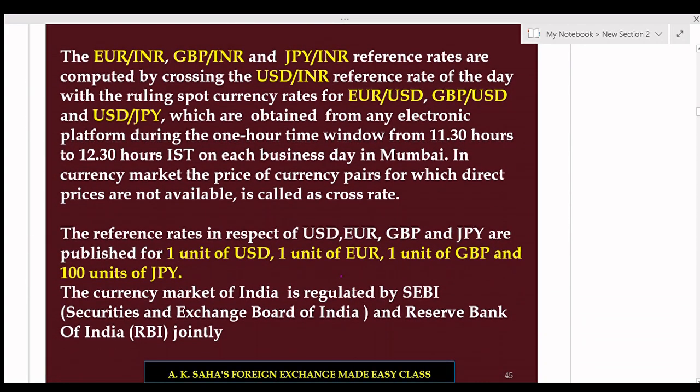The EUR/INR, GBP/INR and JPY/INR rates are computed by crossing.